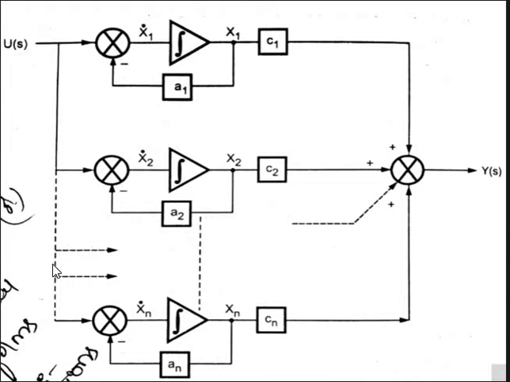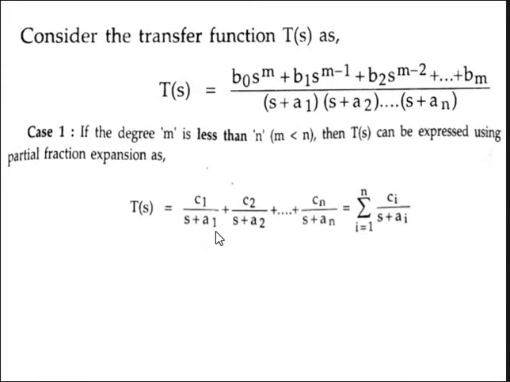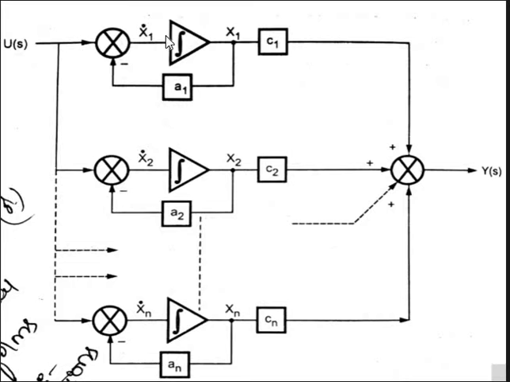Here in this expression we have C1 by (s plus A1), which can be written as C1 into 1 by (s plus A1). The 1 by (s plus A1) programming is like this: one summation, one integration, and one feedback. This part is the programming for 1 by (s plus A1).